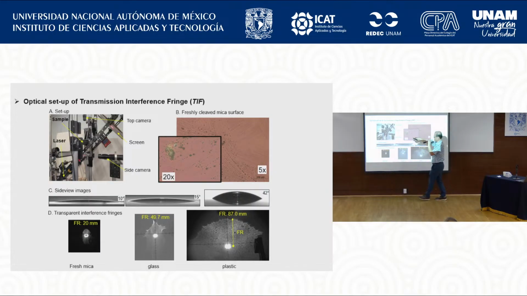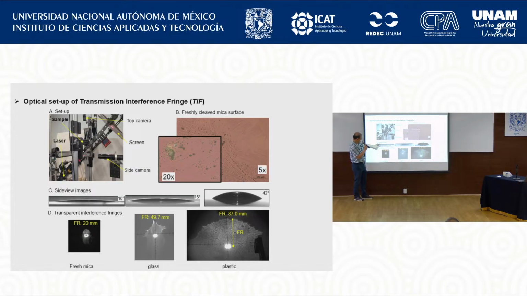It's again kind of a bulky style, bulky dimension, and now it shows some substrate microscope images, and the bottom one shows side view images and its corresponding TIF, transparent interference fringes. Now here, these two images correspond to each other for the same sample.